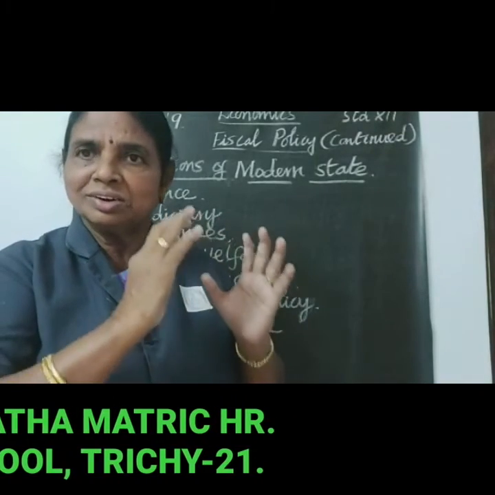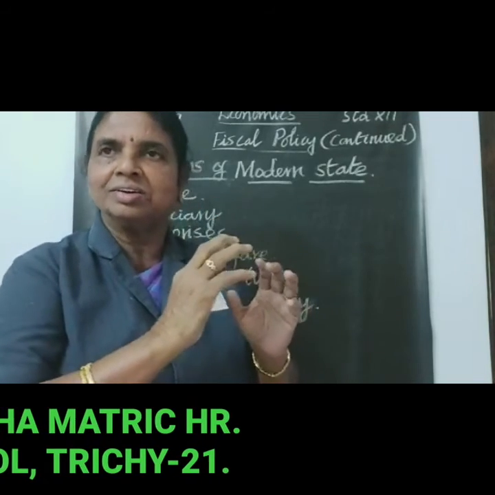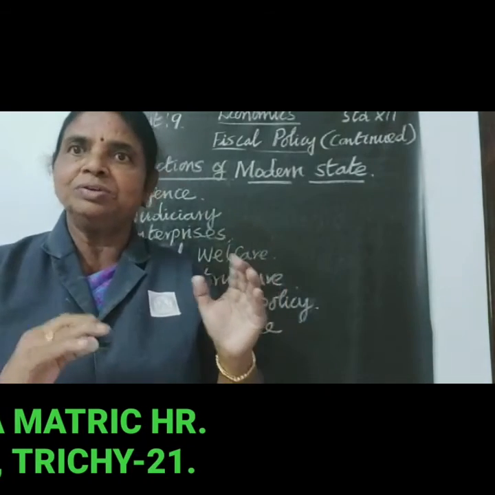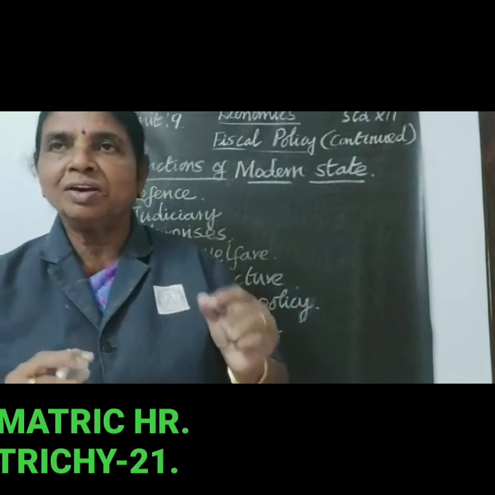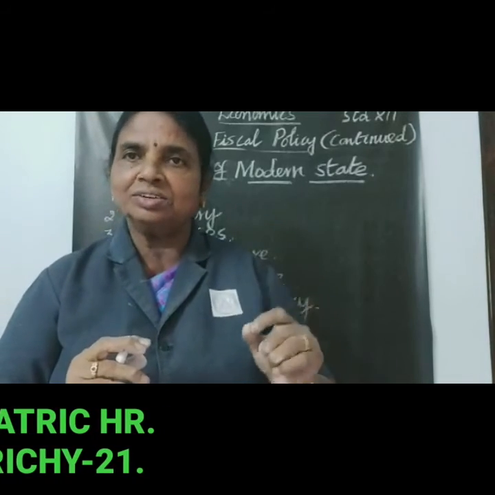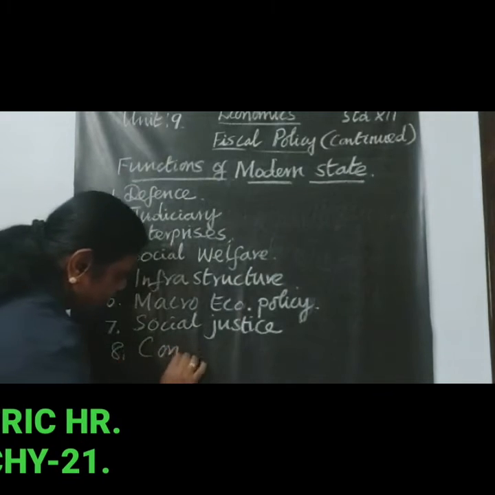So it must curb the concentration of economic power on one side so that it can follow the development in a better way. So control of monopoly is another important function of a modern state.